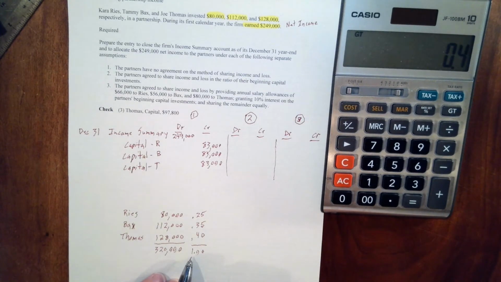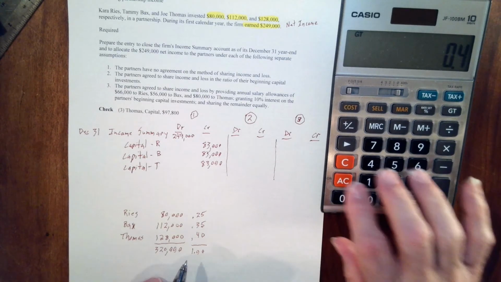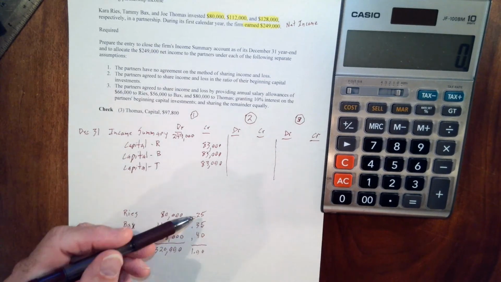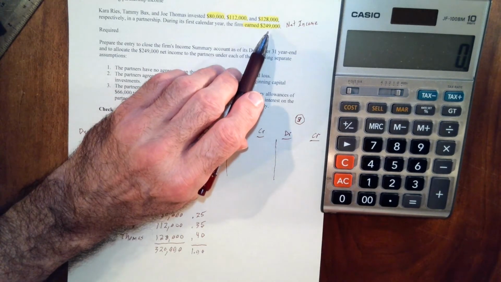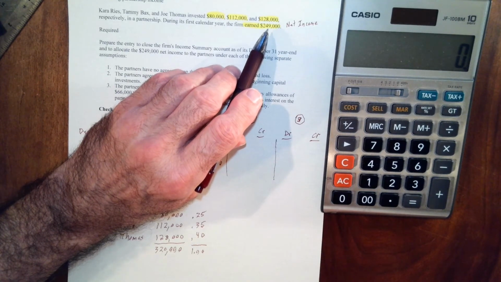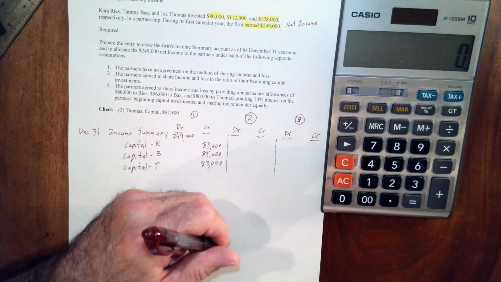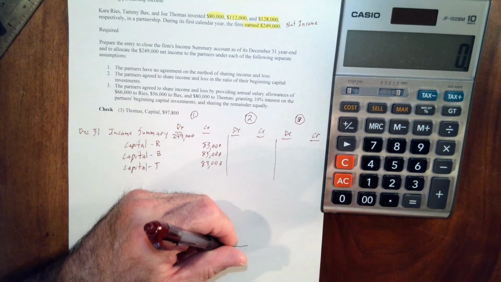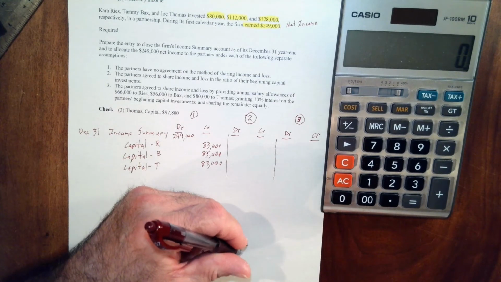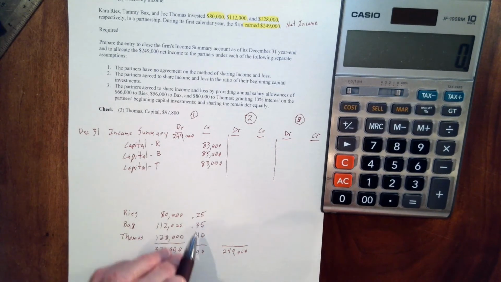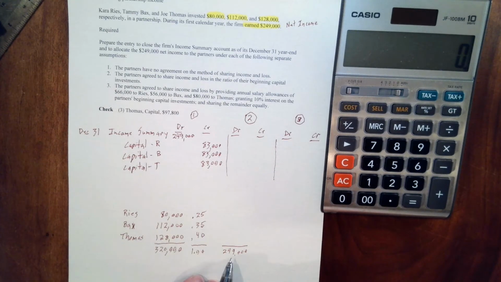Or 100%. Okay. Then I'm going to take these percentages and multiply each of them by the 249,000 net income, because this is what I'm splitting up, net income. So I will start with a total of 249,000, and I'm going to find out the proportion of each of these guys to the total of 249. That's how I'm going to split up my net income.